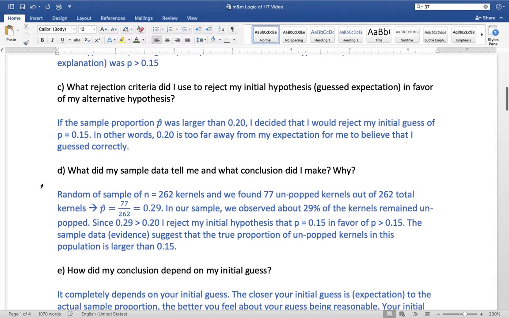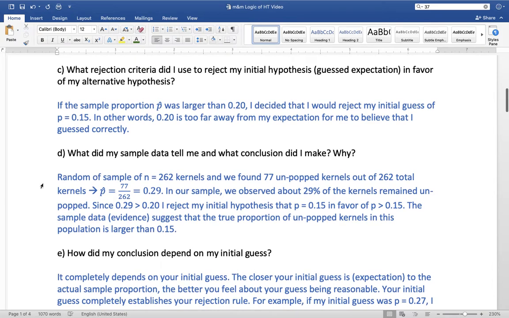Now here's the really important part: what rejection criteria did I use to reject my initial guess, which was what I expected to happen, in favor of my alternative? It was just a very informal argument.